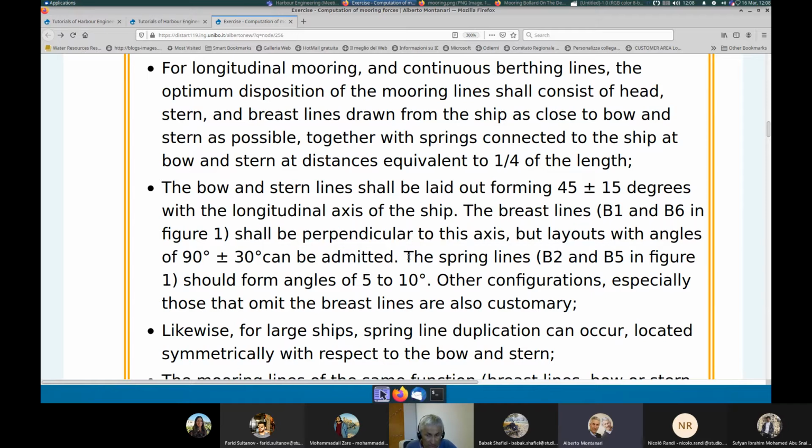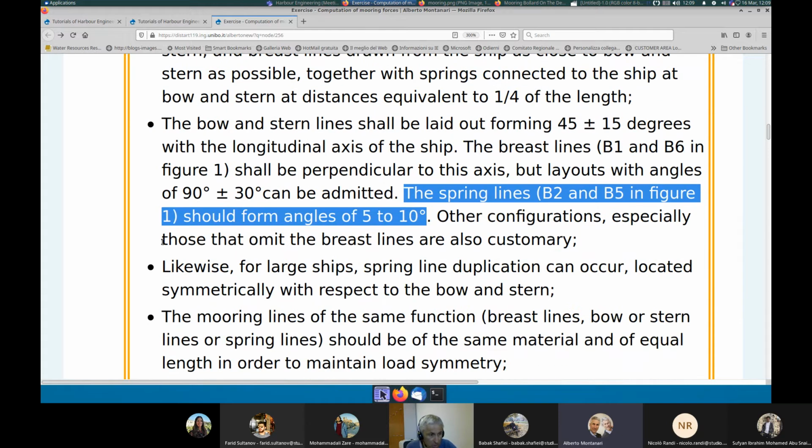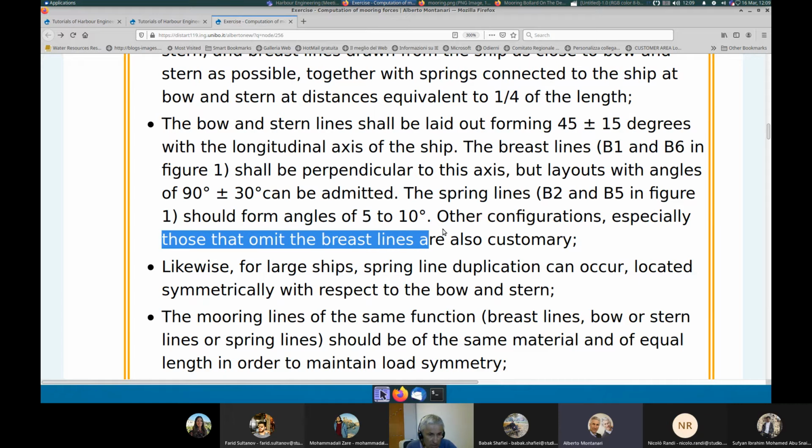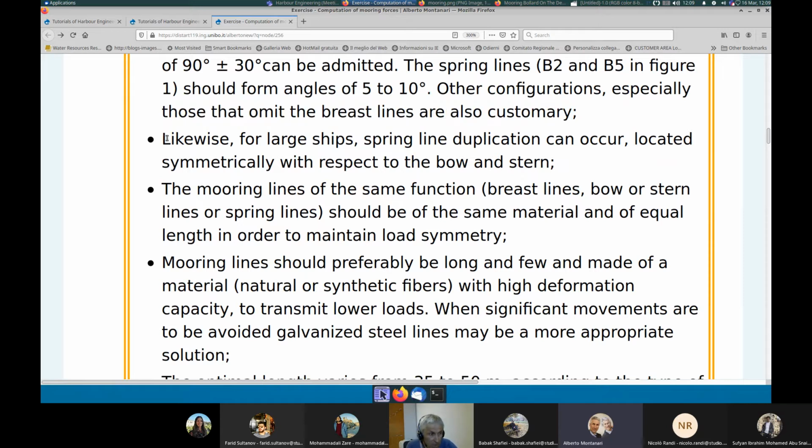And the spring lines, B2 and B5 in figure 1, should form angles of 5 to 10 degrees. Other configurations, especially those that omit the breast lines, are also customary. As I said, other configurations are customary. It's no problem, depending on the given condition.